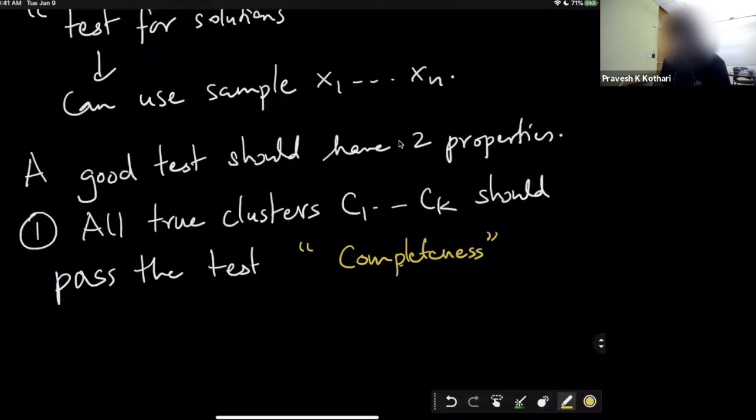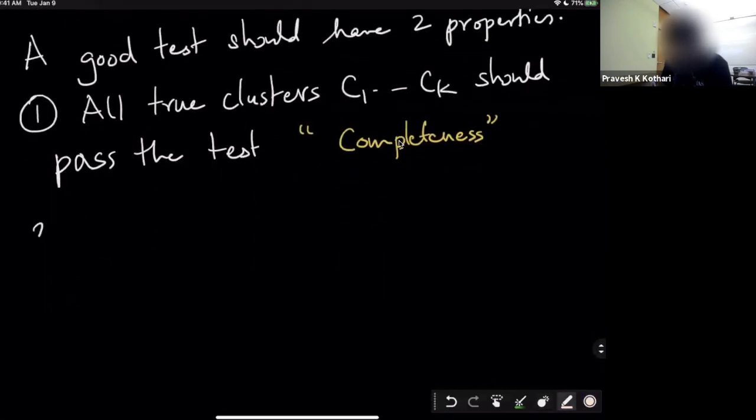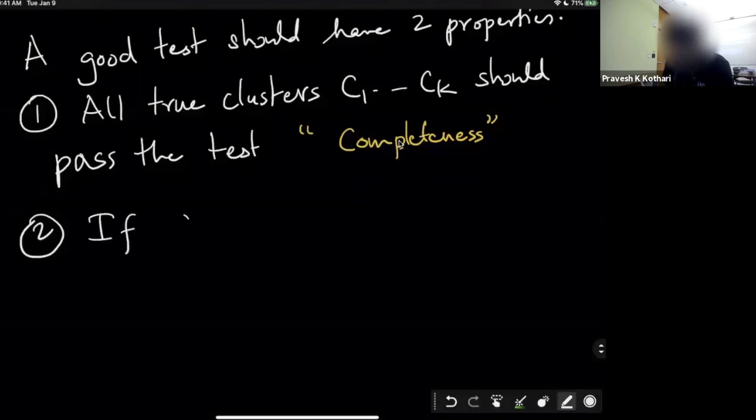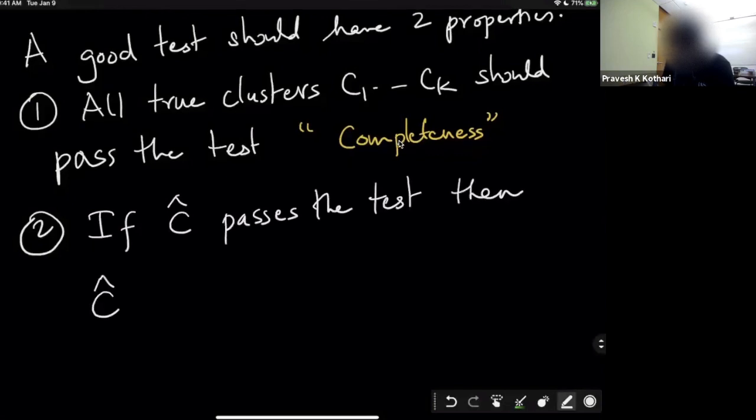Good. But that's not enough, right? To design a test where every true cluster passes, you can simply design a test which says yes all the time. Of course such a test won't be useful. So you would want, in addition, that if C hat passes the checks, then C hat is close to some true cluster.